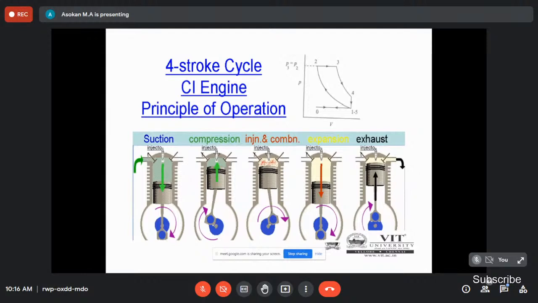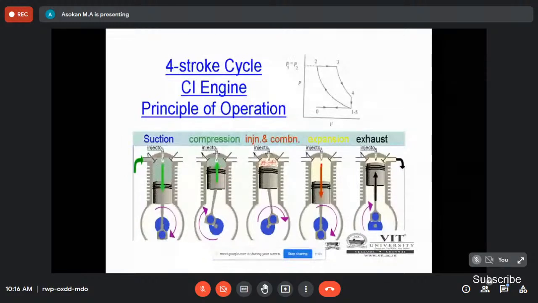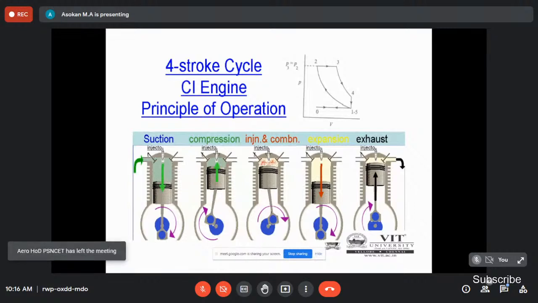We inject the diesel at the right moment. Once the fuel is injected, it mixes with the air, and then it attains the combustible range. After that the combustion takes place. The ignition occurs at various places in the combustion chamber. But in the case of the SI engine, after combustion the flame develops and propagates across the combustion chamber.